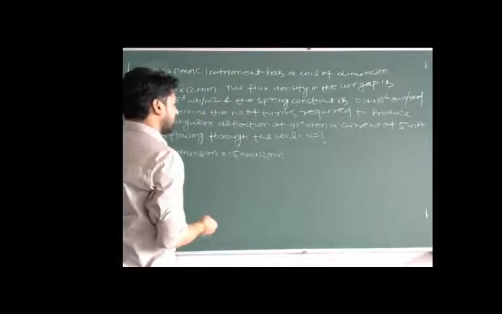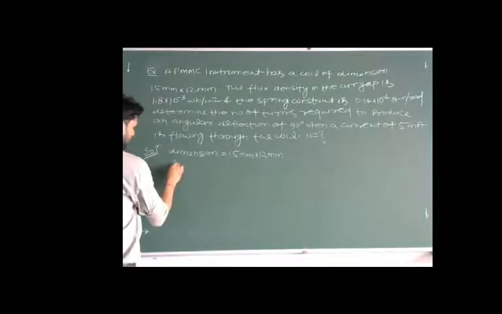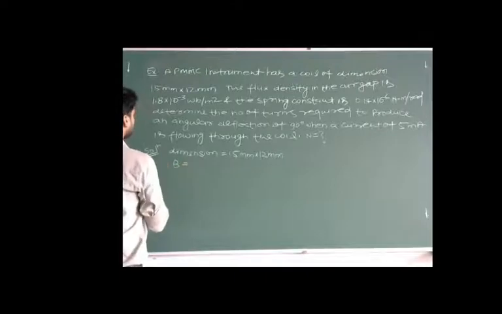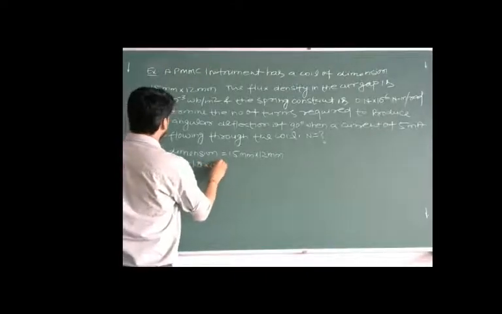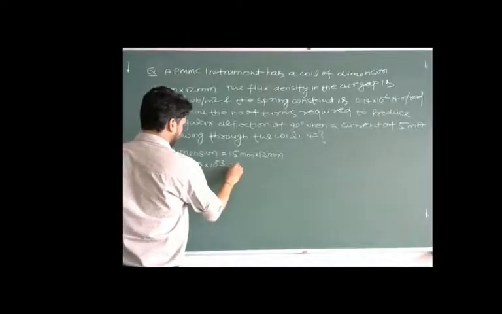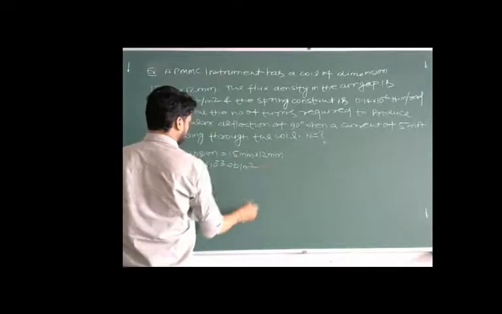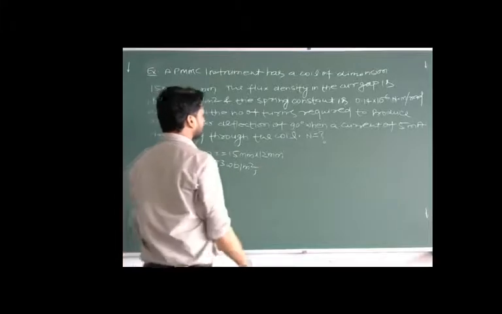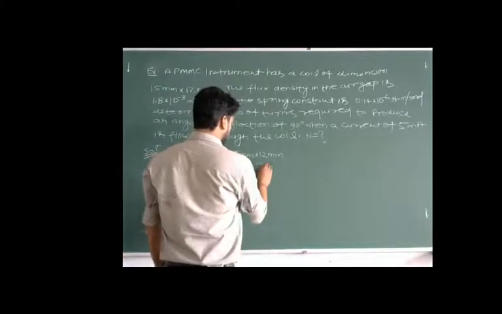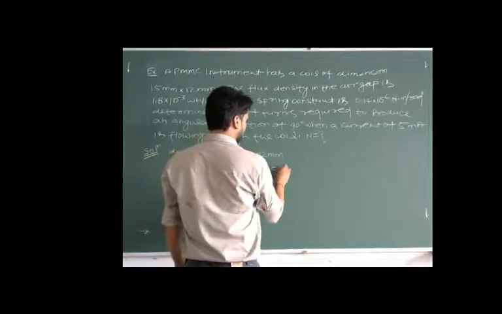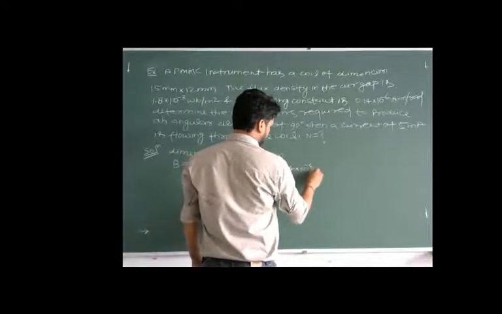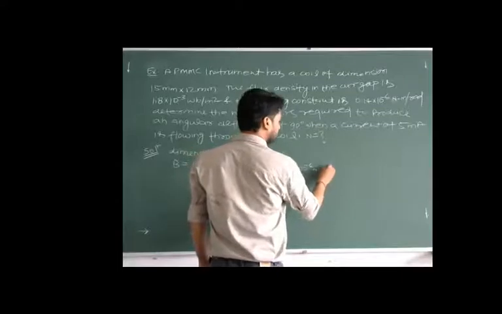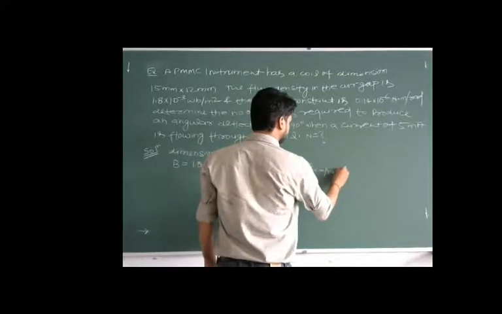The flux density, the value of B, is given as 1.8 into 10 power minus 3 Weber per meter square, and the spring constant K is given as 0.14 into 10 power minus 6 Newton meter per radian.